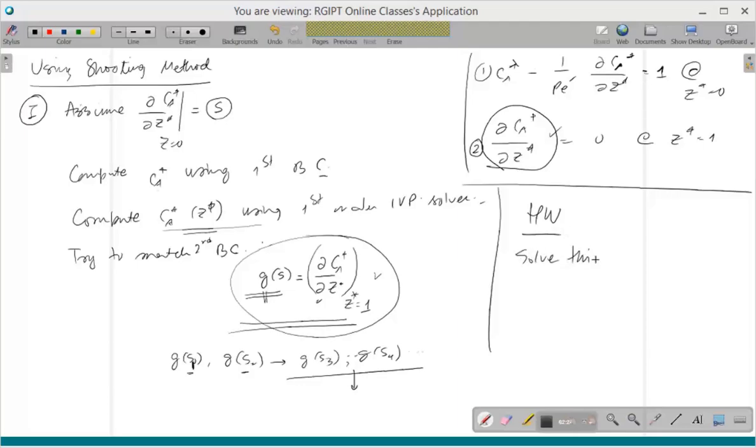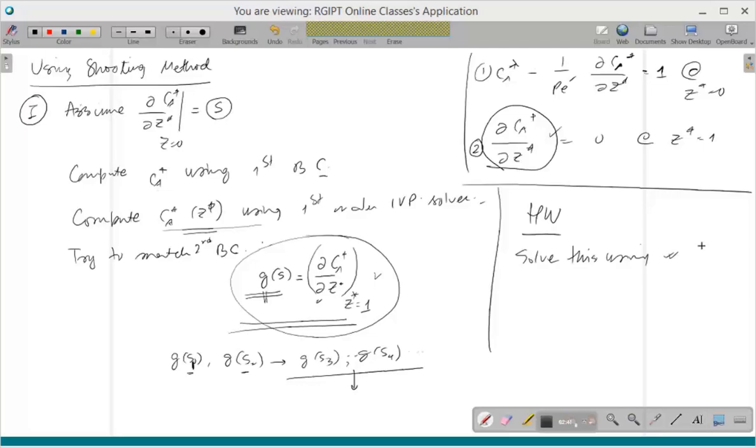So homework: solve this using any of your favorite initial value problem solving methods, right? It can be trapezoidal or Runge-Kutta second order or RK4, etc. I would recommend using Runge-Kutta fourth order, because accuracy is important here, but it's up to you.